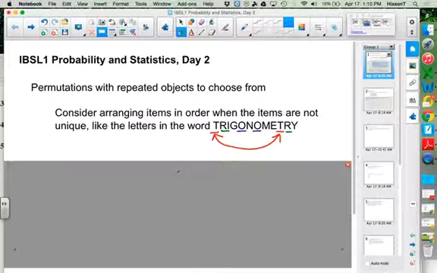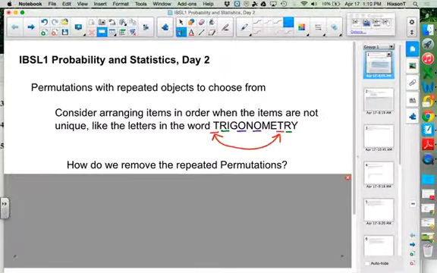So you'll notice here, how many letters do we have total? 12. So theoretically, the number of permutations would be 12 factorial. However, some of those are going to be identical to each other because we have repeated letters.